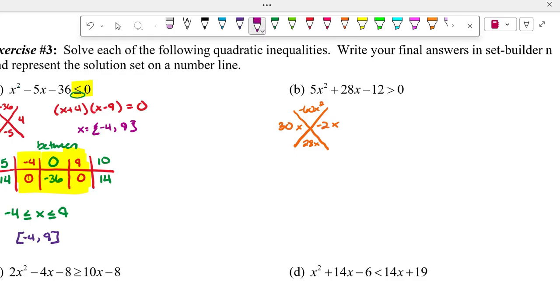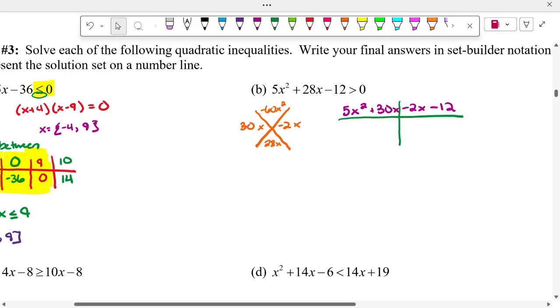So which one do you want me to do? Do you want me to do T or reverse? T. Okay. I heard T first. That's what I'm going to do. So I have x squared plus 30x minus 2x minus 12. What's the GCF of the first group? 5x.